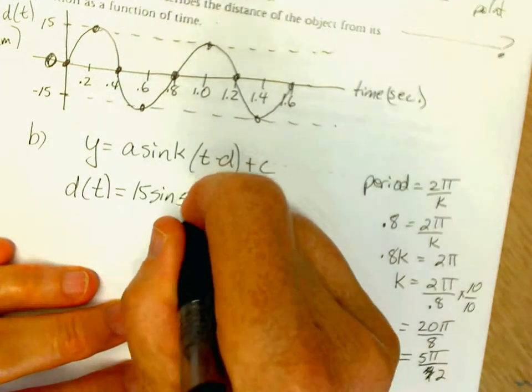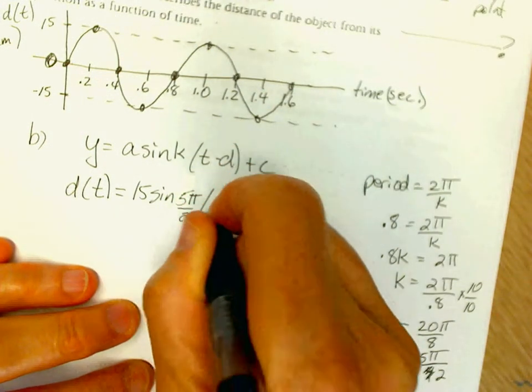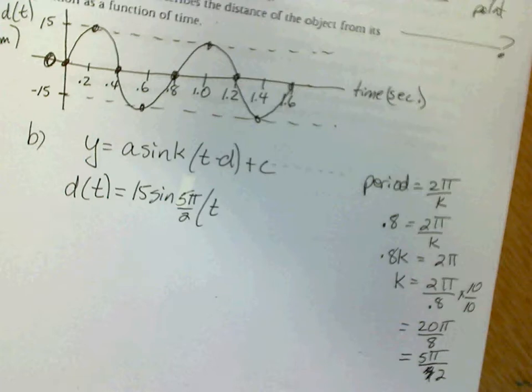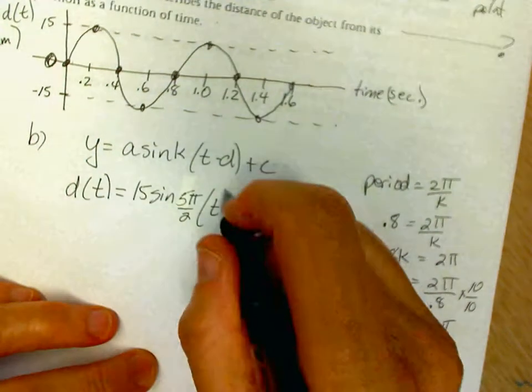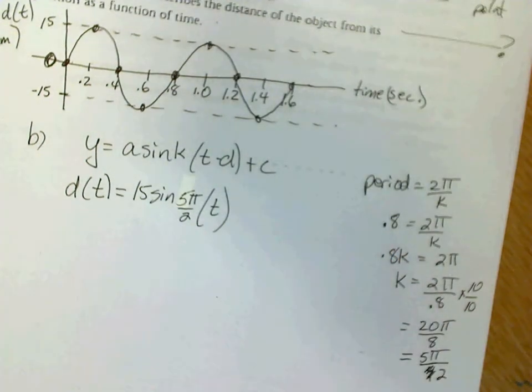Is there a phase shift? No. What's C? 0. So we don't have to worry about that. So I have a challenging question for you. I'm going to make up a question.